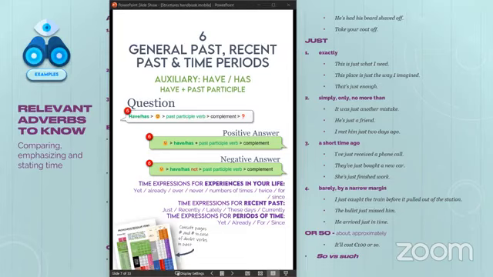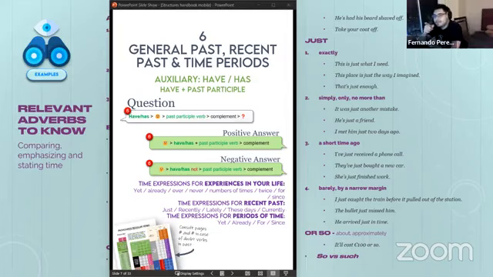But I think that it is more related to the recent past, no? That's something that just happened, that occurred a few moments, a few minutes ago, or a few days ago. If you want to say seconds ago, the word is just.